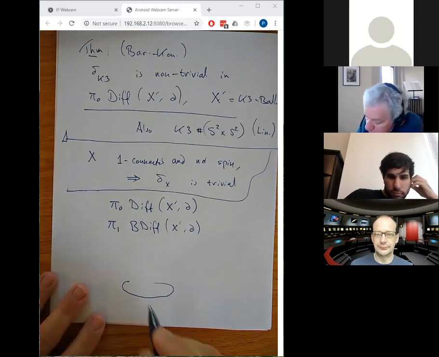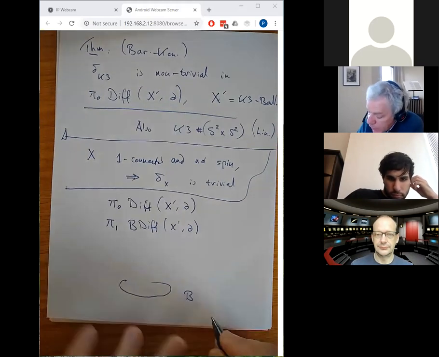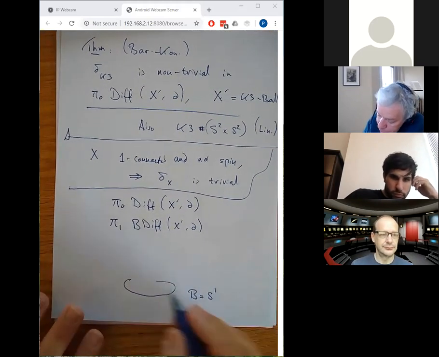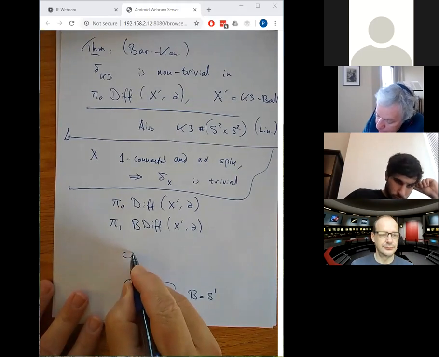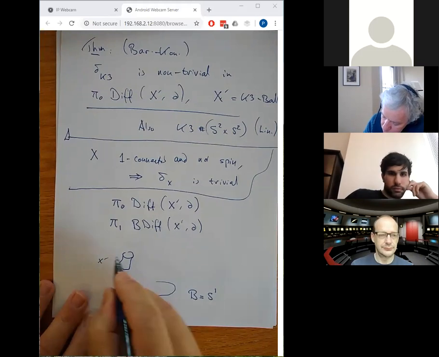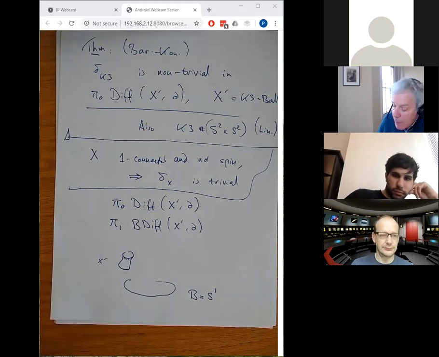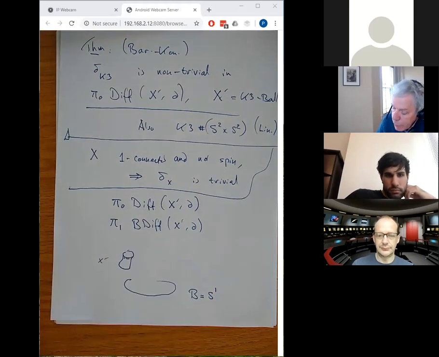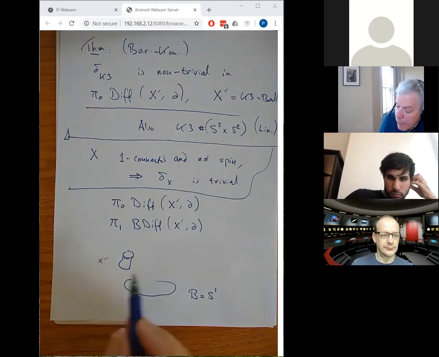We can think of bundles over a base B. In this case, the base is the circle S1, and the fiber is X prime, this manifold with a sphere as its boundary. And the structure group is just diffeomorphisms of X prime which pointwise fix the boundary.